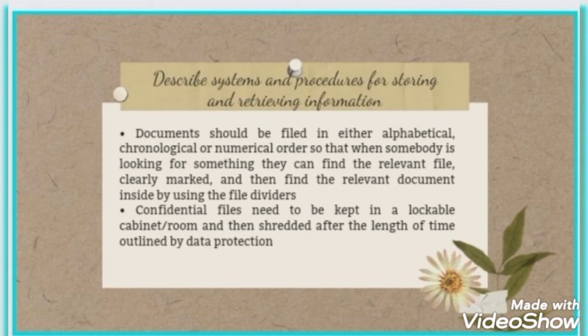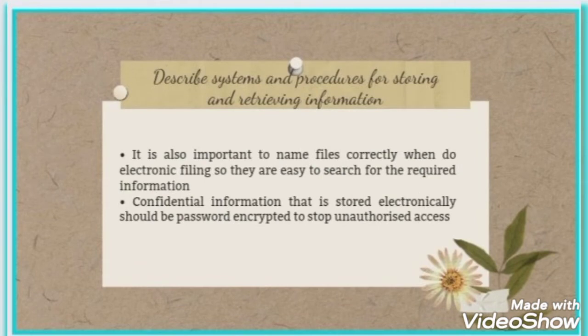Confidential files need to be kept in a lockable cabinet or room and then shredded after the length of time outlined by data protection. Third, it's also important to name files correctly when filing electronically so they are easy to search for the required information. Fourth, confidential information that is stored electronically should be password encrypted to stop unauthorized access.